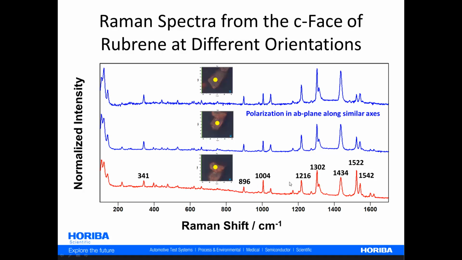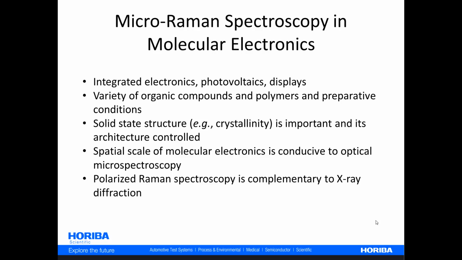You look at these differences here compared to the bands at 1302, 1434, and 1524. So notice the difference now just by rotating the crystal 90 degrees with respect to these others, so that you can see how even for a single grain, the Raman spectroscopy with its incident polarized light is very sensitive to the orientation of the crystal, and not just that it's crystalline as well.